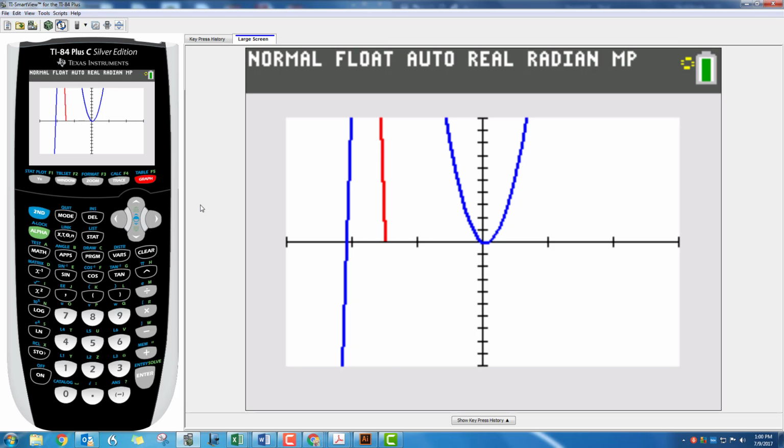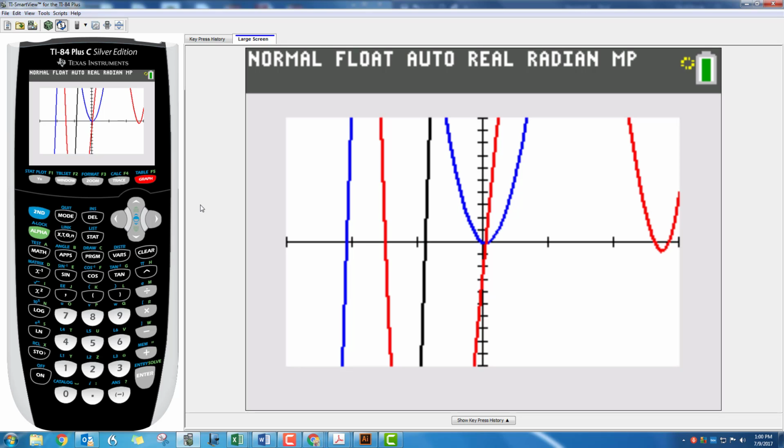For some reason this computer graphing utility just takes much longer than the handheld calculator. So I want to adjust the Y scale too.